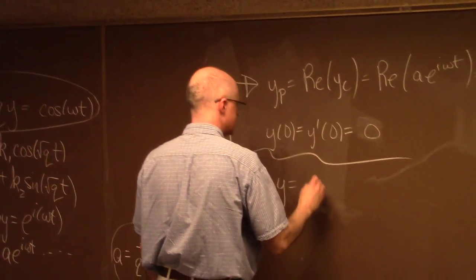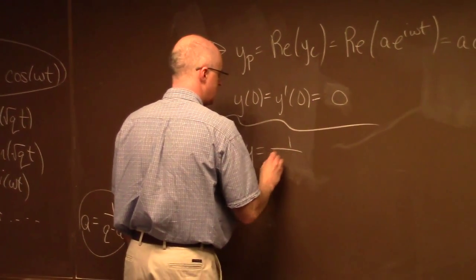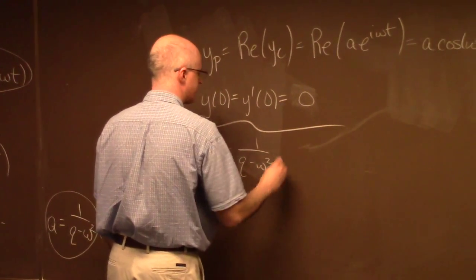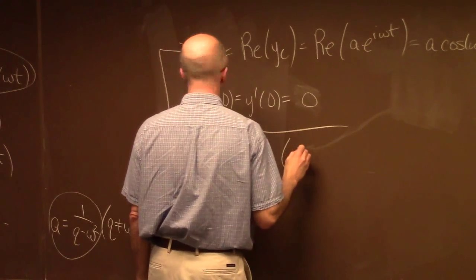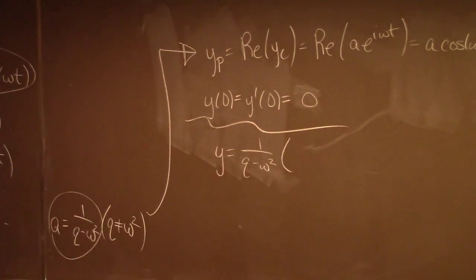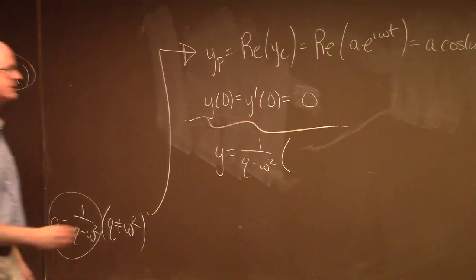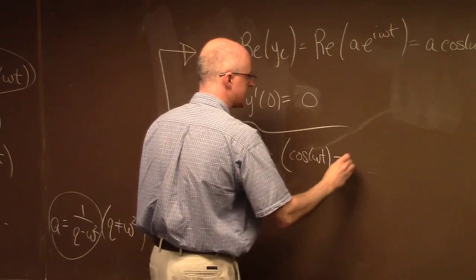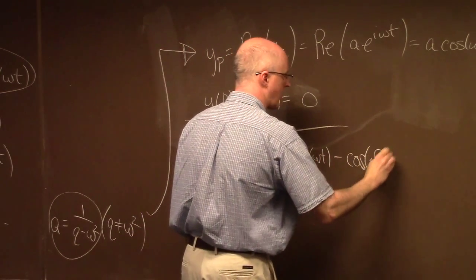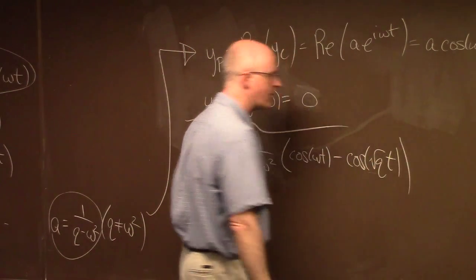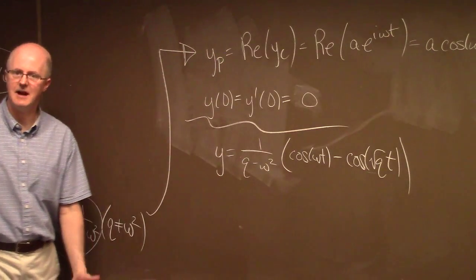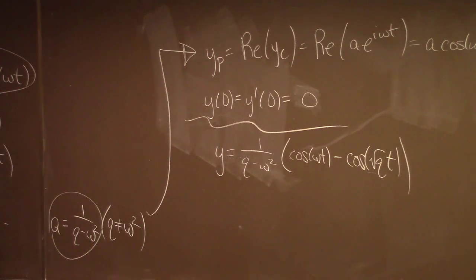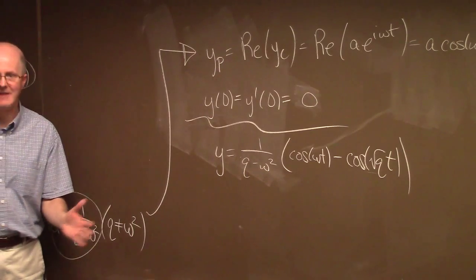Again, this function is 1 over q minus omega squared, in parentheses, cos omega t minus cos square root of q t. And we went back to using complex numbers again, the complex exponential. You actually can do what I'm doing here without doing that.